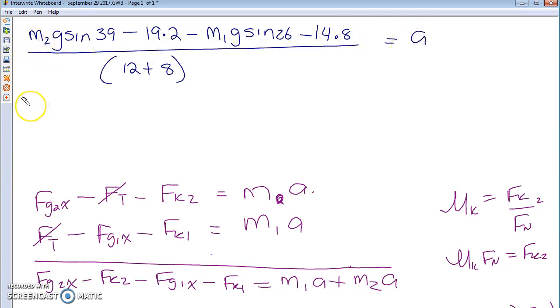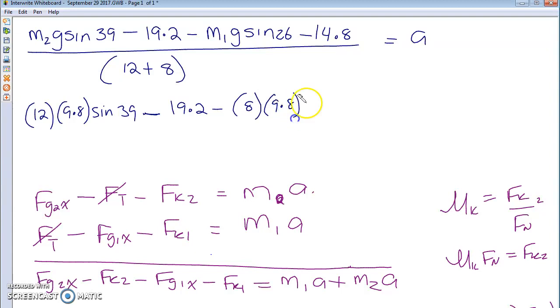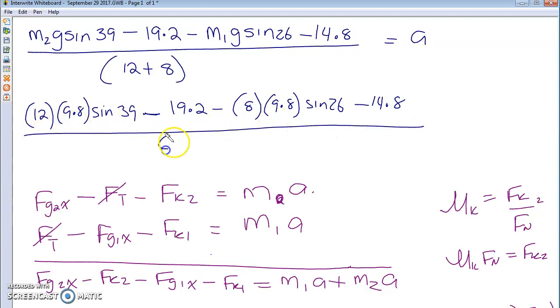So m2g, of course, was 12 times 9.8 times sine of 39 minus 19.2 minus 8 times 9.8 times sine of 26 minus 14.8 divided by 20, which gives you your acceleration.